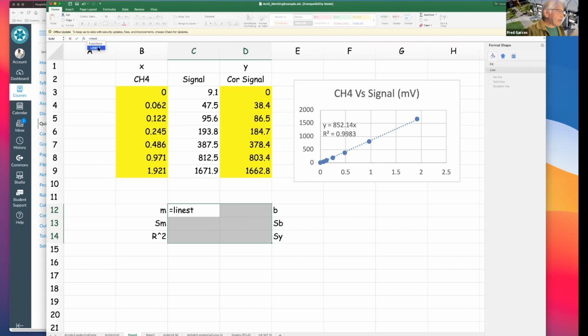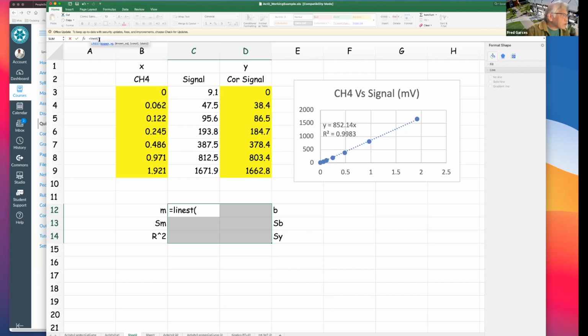Okay, and that's a function that is part of Excel. It'll actually show you that, and then I'm going to put left parentheses, and right away it tells you what variables you're going to include in this equation. It says Linest, known y's, known x's, constant, and stats. I'll tell you what the constant and stats are, but known y's are these right here. The known x's are these right here.